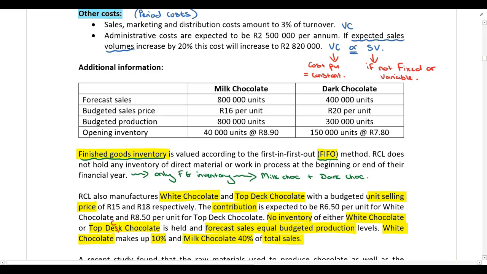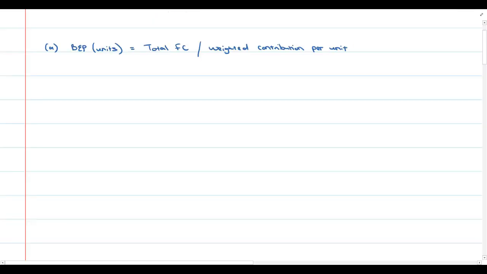So now up front, before we can calculate the break-even point, we're going to have to calculate a weighted contribution. We've already said we need a weighted contribution per unit. And we are going to calculate this weighted contribution using the sales mix, because the assumption that we make is the sales mix will remain constant when a company sells more than one product.